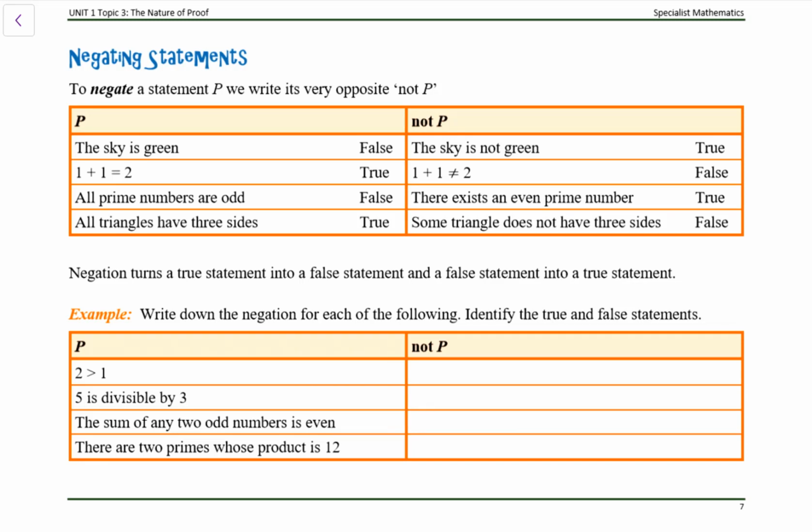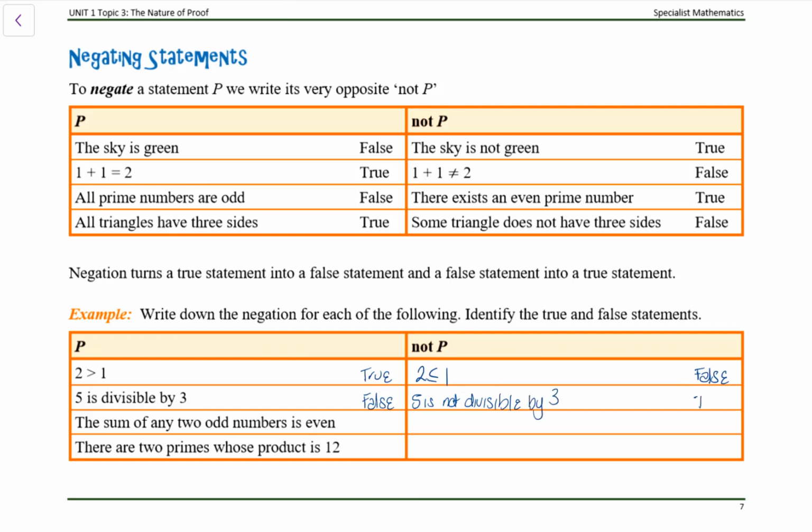So 2 is greater than 1. That is true. The negation of that is that 2 is less than or equal to 1, and that would be false. 5 is divisible by 3 is false. The negation of that would be 5 is not divisible by 3.